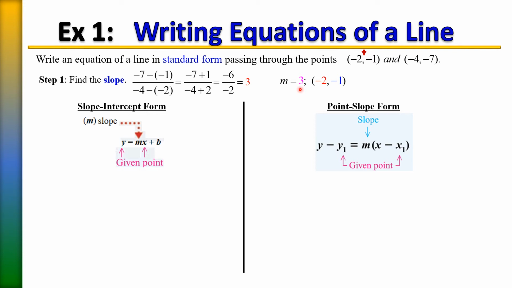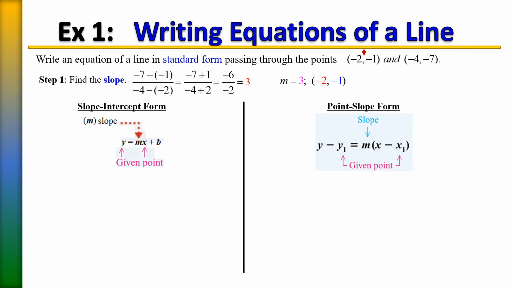If you said 3, that's correct, because recall, we found out that the slope was 3. What are we plugging into x's place? Well, what is your x value? Our x value is -2, so we're going to plug in a -2 in x's place.